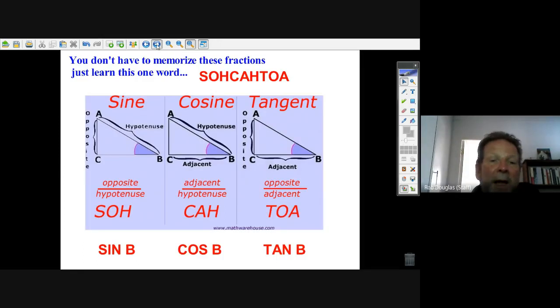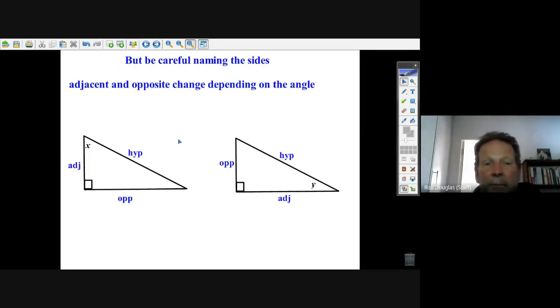All right. We're going to look at being careful when you're naming the sides. If you're talking about the angle up here, here's the right angle, there's the hypotenuse opposite. But if the angle is up in this top corner, this side here is adjacent, next to the angle, and the bottom side of the triangle is opposite. But what if you were talking about this angle here, y?